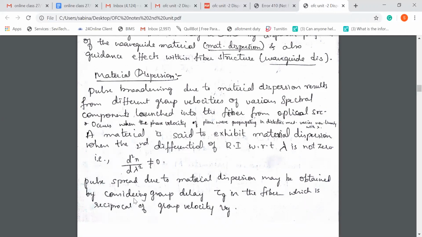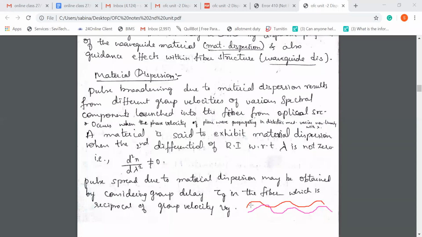So if I want to draw this, this is a very important concept actually. Suppose you have this kind of waveform, and one more waveform like this.